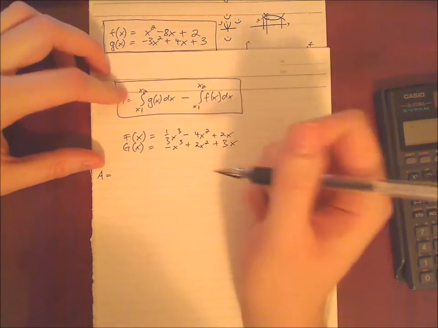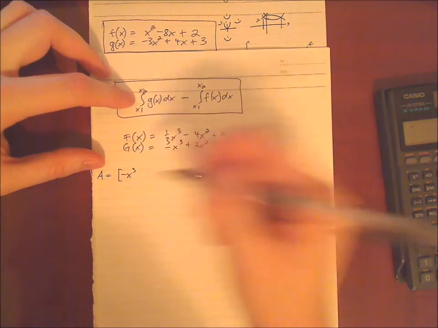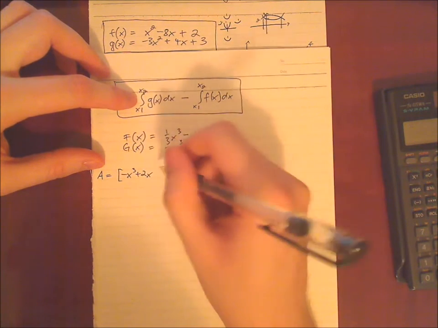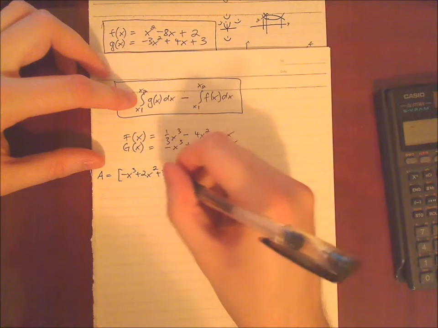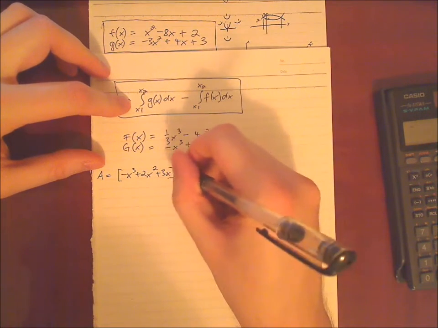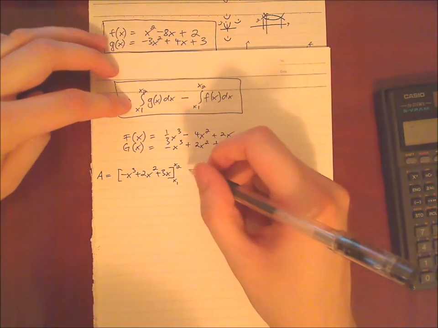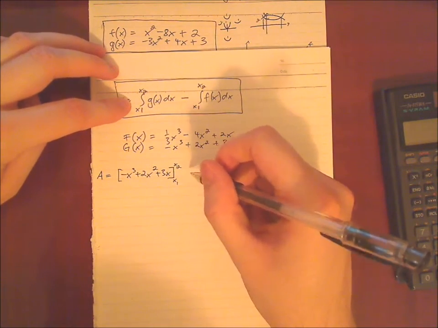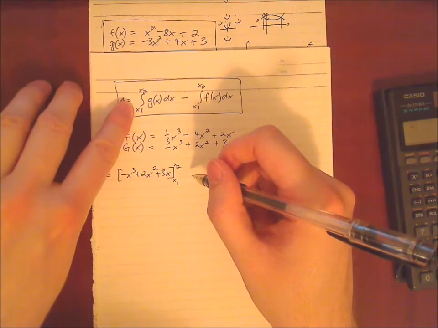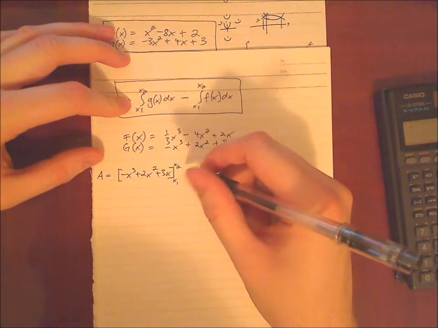So we start with g, which is minus x to the power of 3 plus 2x to the power of 2 plus 3x between x2 and x1. Then we continue with f. What are we going to do?